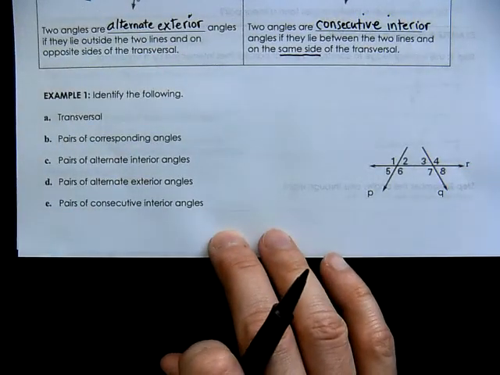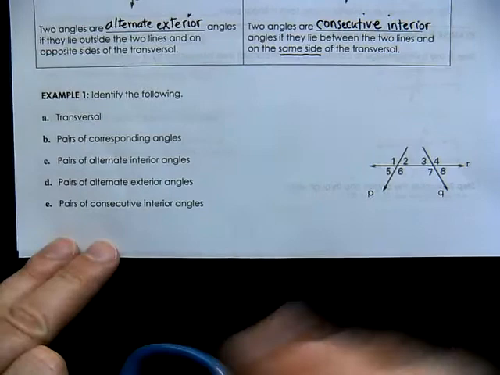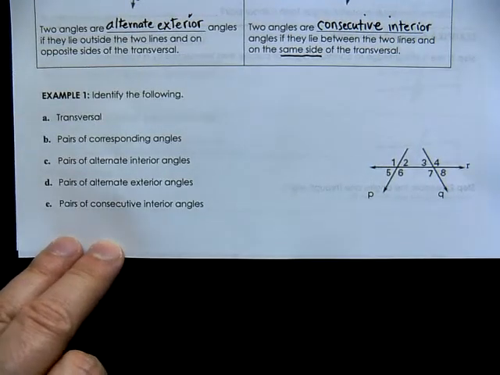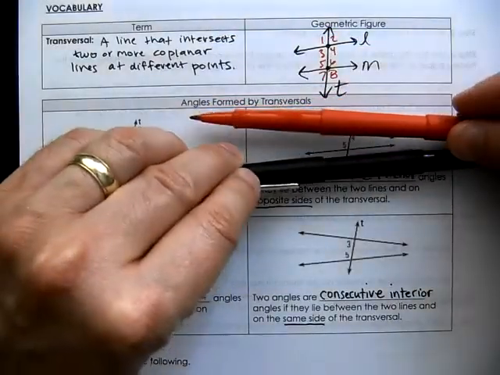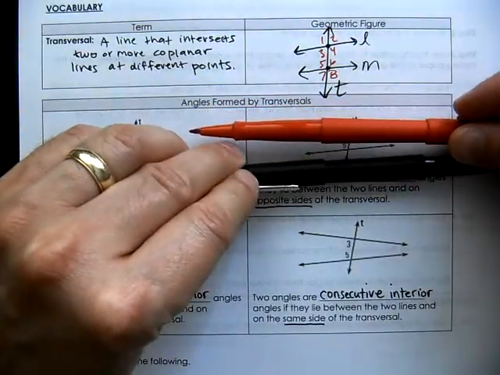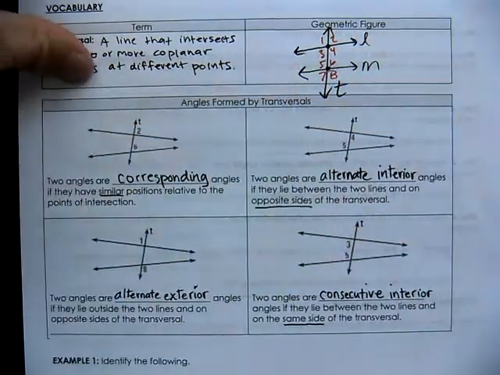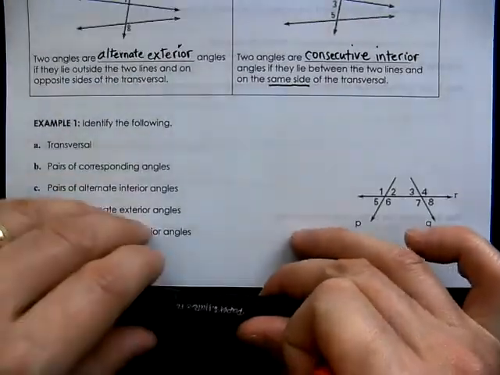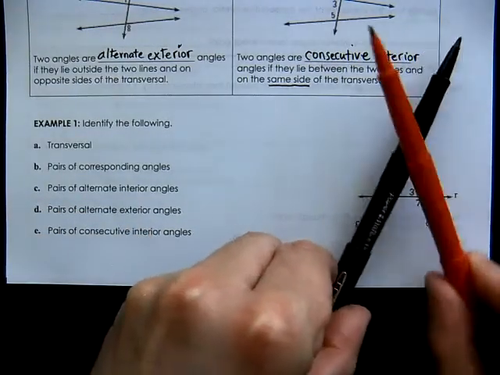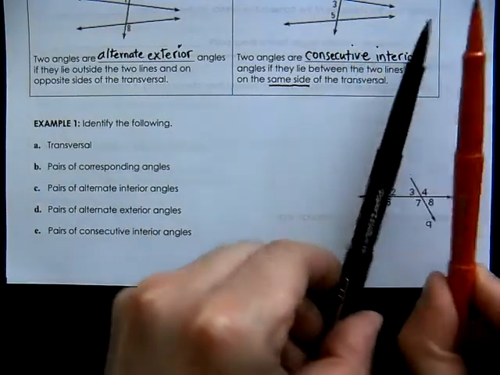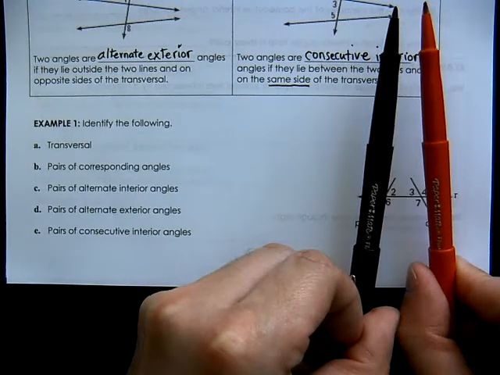Identify the following. It starts off with the transversal, and then it goes on and takes a look at all the different pairs. Now you'll notice that in the diagrams above, the two lines that we were drawing were running side to side, not exactly horizontal, but side to side. And notice that in this example that we're looking at here, the two lines are in fact running, maybe not exactly up and down, but they're not running side to side.